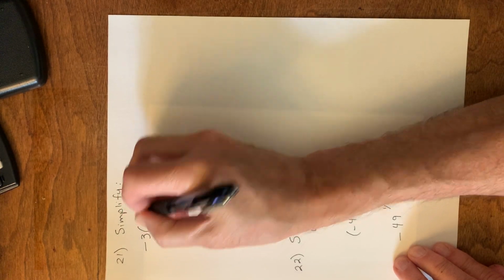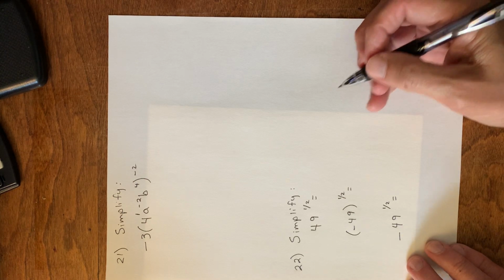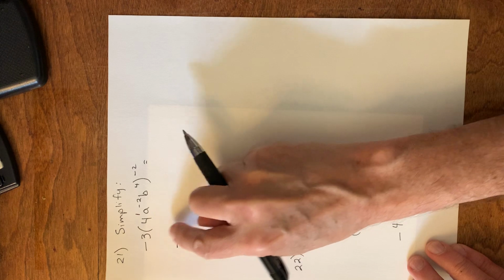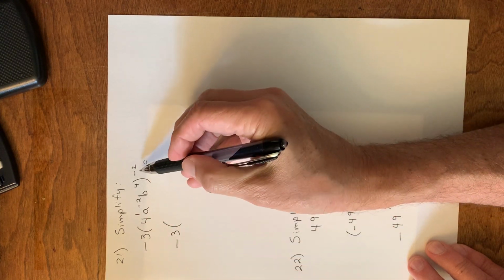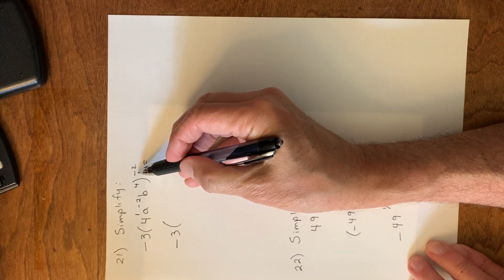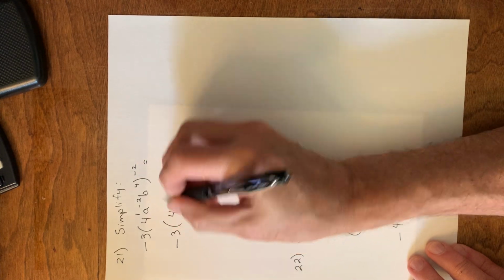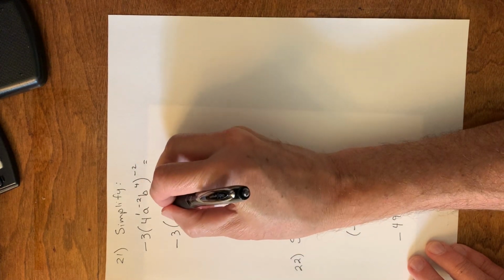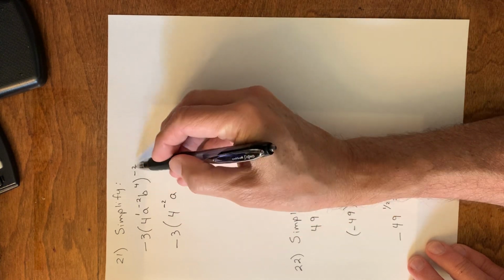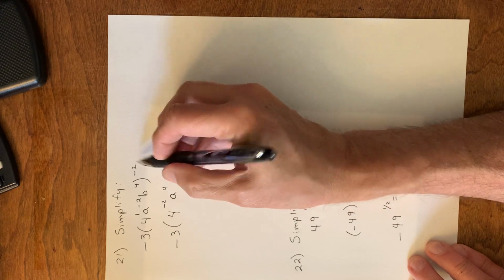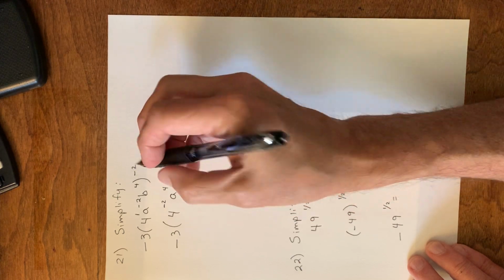And remember that 4 is 4 to the first power, right? So I got this extra factor of negative 3. I'm going to multiply negative 2 times each of these exponents. Negative 2 times 1, negative 2 times negative 2, negative 2 times 4.